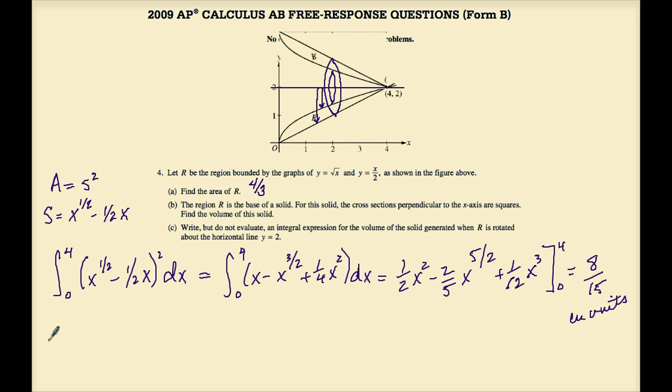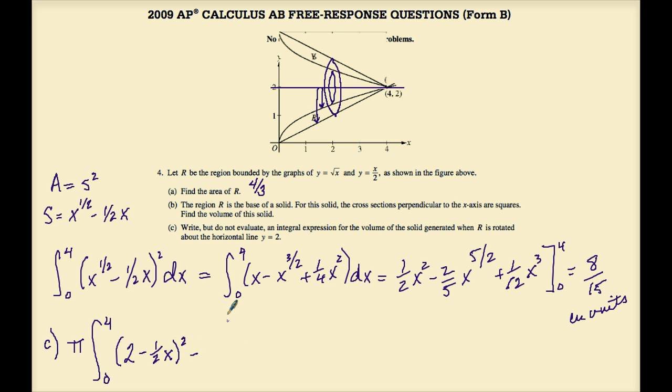So let's set up this integral. Since this is a solid of rotation, we will need pi. We're going to be integrating from 0 to 4. Our outer radius will be 2 minus the outer function curve, which is the line, 1/2 x, quantity squared.